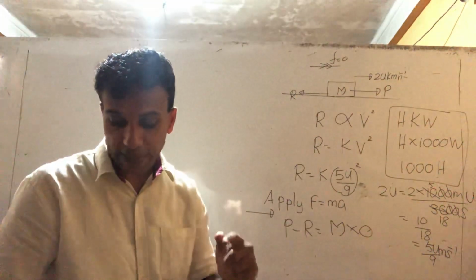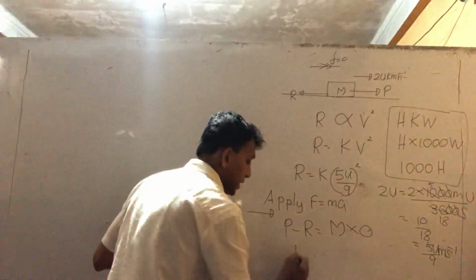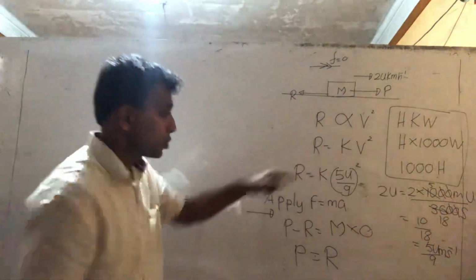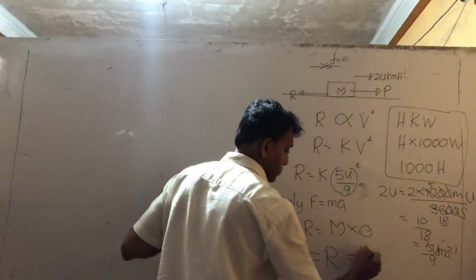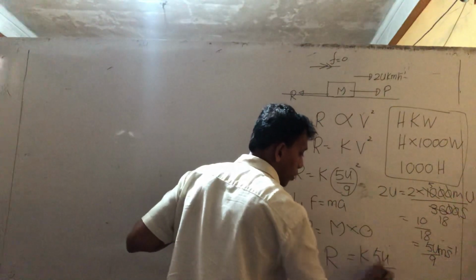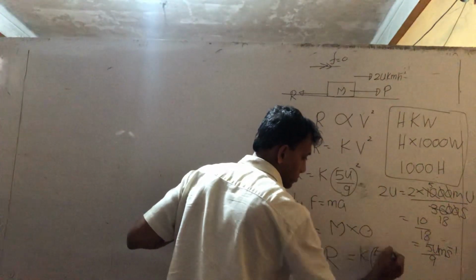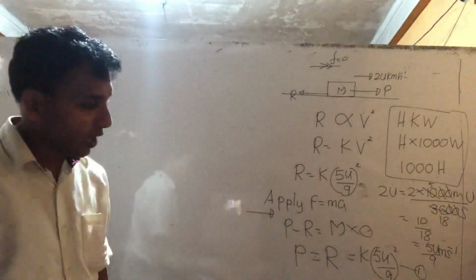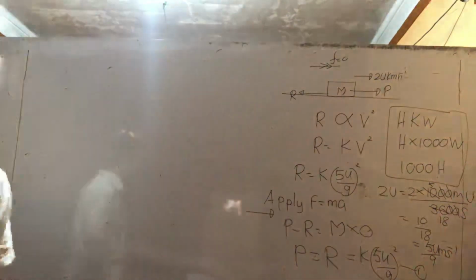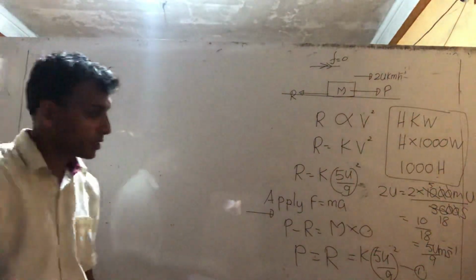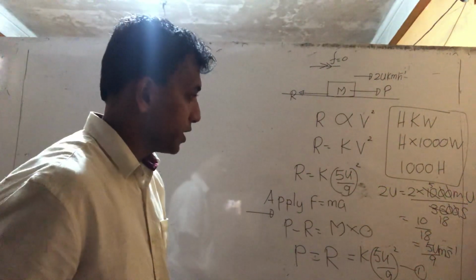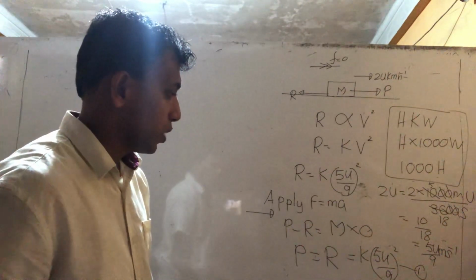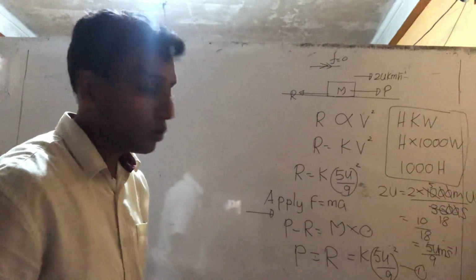They say acceleration is 0. Therefore P equals R. So R is K times 5u over 9 squared. I say my first equation: P equals K into 5u over 9 squared.